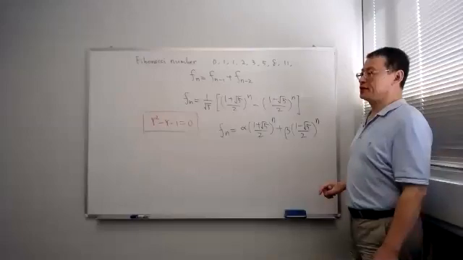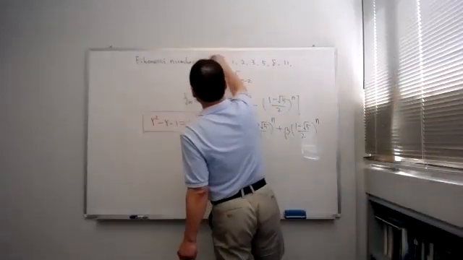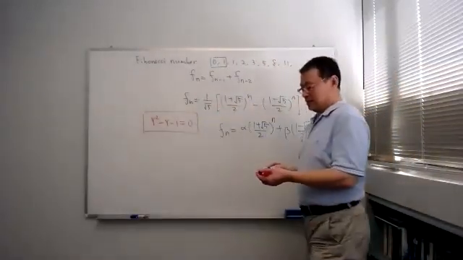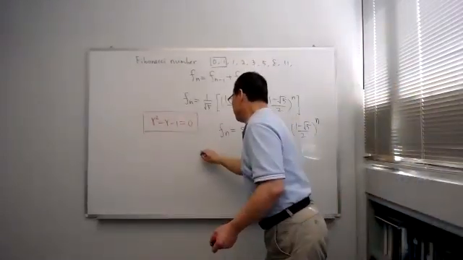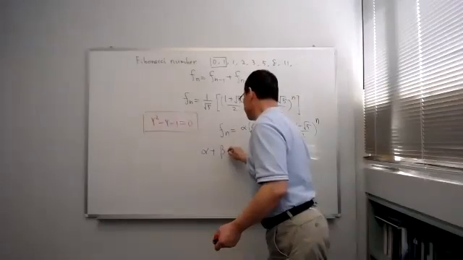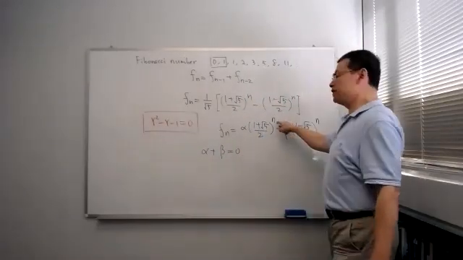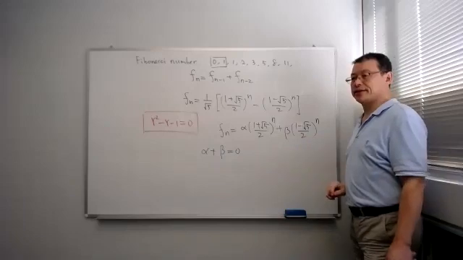Use initial values. So what we know is these are initial values. So we know that alpha plus beta equals 0 when n equals 0, so that's what we get.